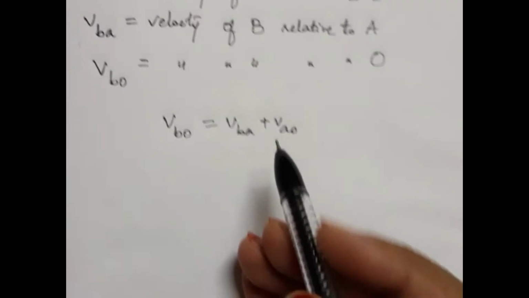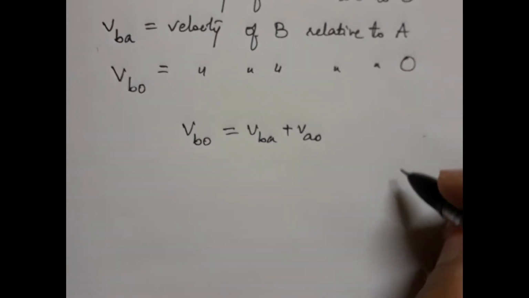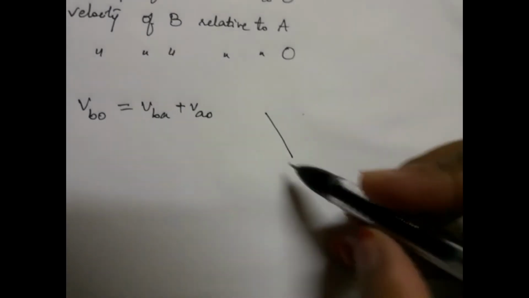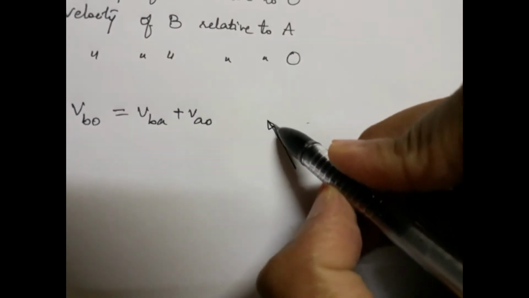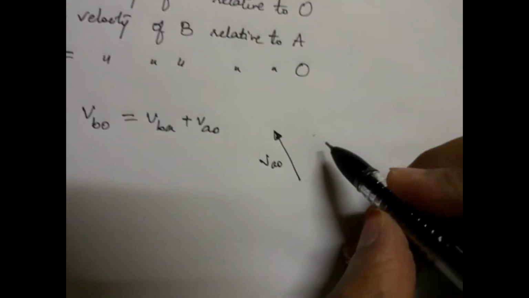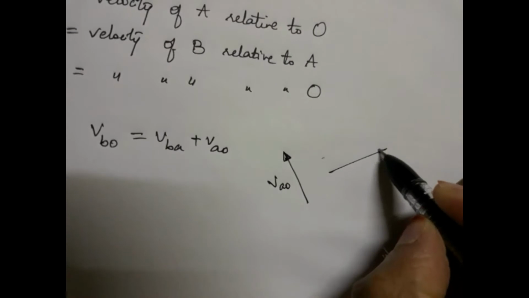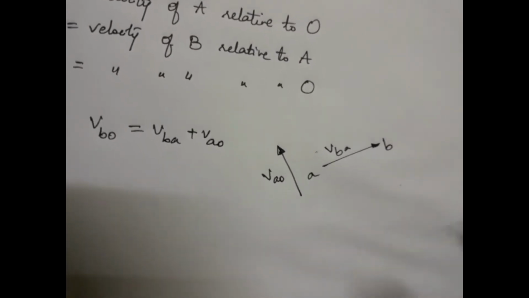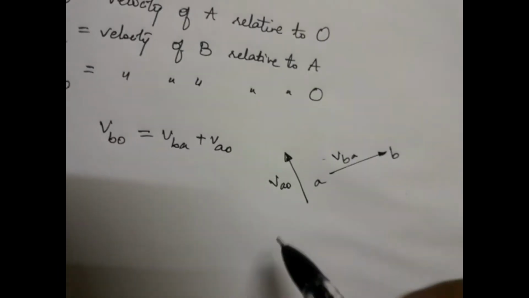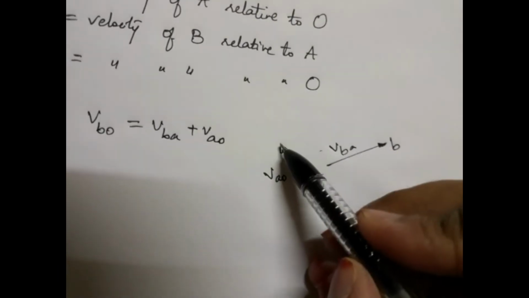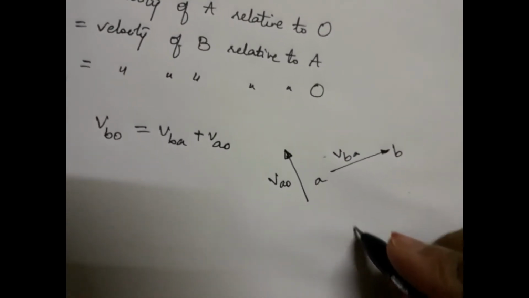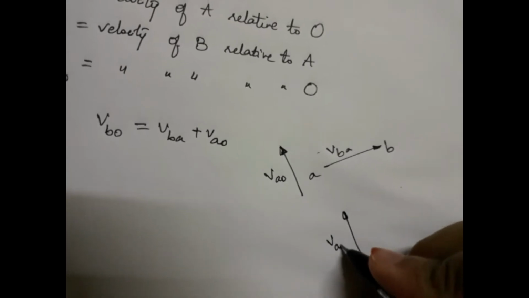So this is the vector addition. Or for example, if you want to write it graphically, say this is the vector VAO, and there is some other vector, say VBA from A to B, then we can join them. The first vector's head can be joined with the second vector's tail. So we can draw this as VAO.